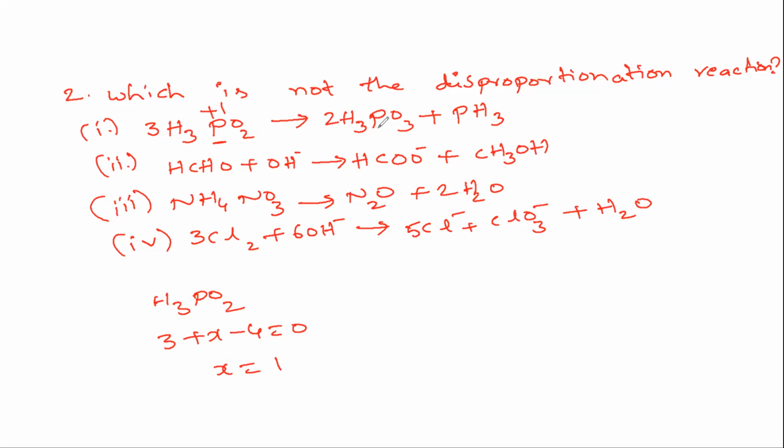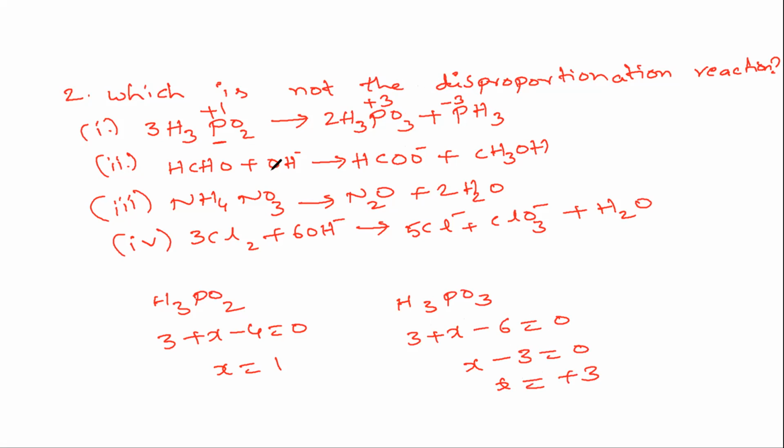And here it is changing to H3PO3. So H3PO3, the oxidation state of phosphorus: 3 plus x minus 6 is equal to 0, implies x is equal to plus 3. So it is changing from plus 1 to plus 3, and here it is minus 3. So it is a disproportionation reaction.